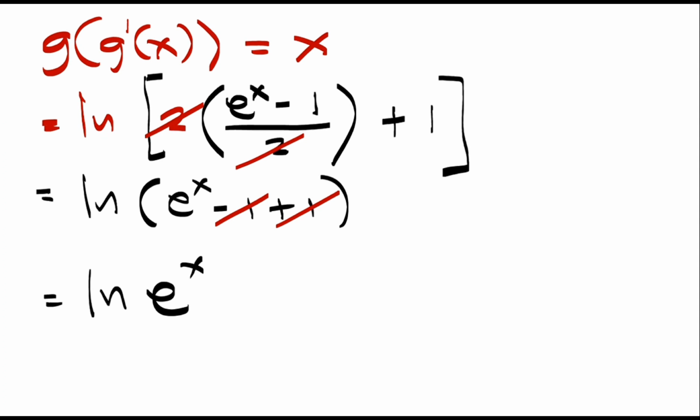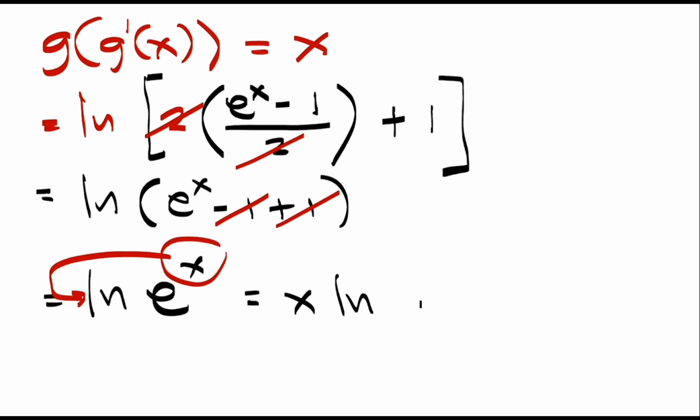Again, this is one of the properties of logarithm. If we apply logarithm of a power, this exponent x can be brought down here. So we'll have x ln e. And take note again that this ln is logarithm to the base e.